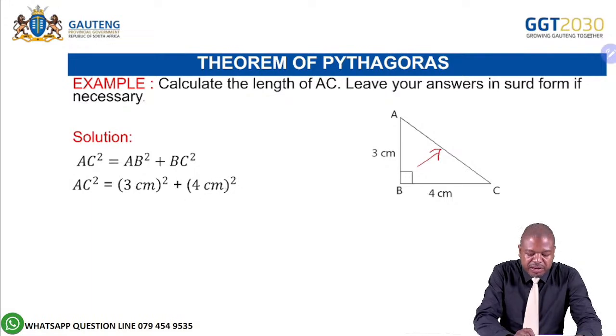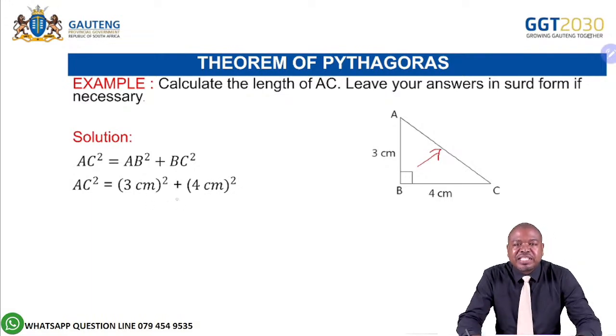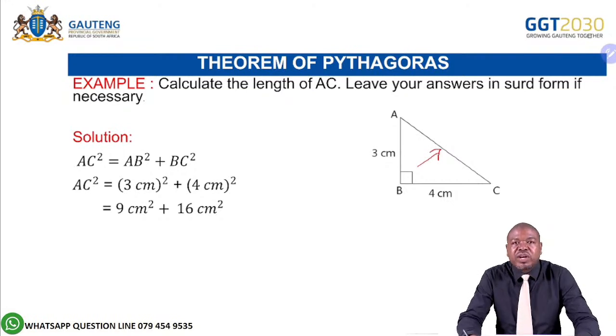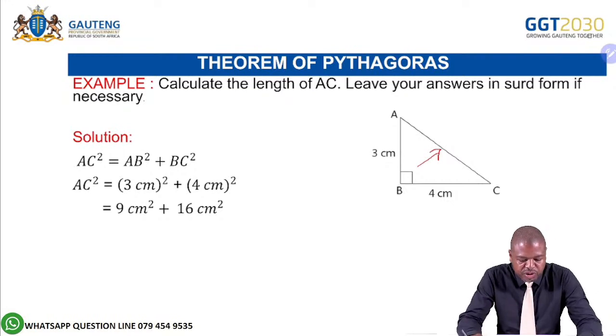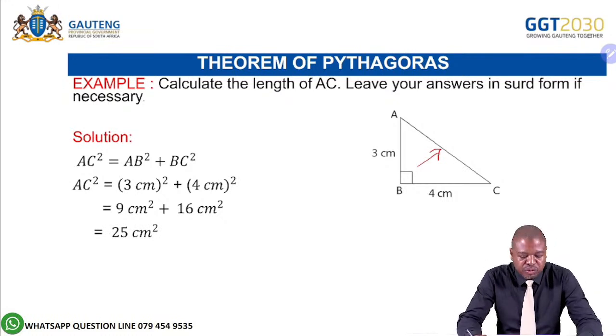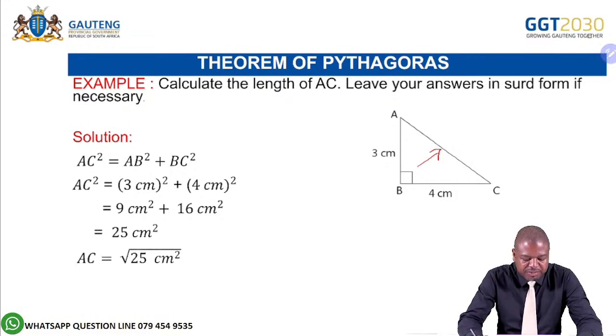Remember, if you're squaring, you're also going to square the units, right? If you square the units, you're going to get AC squared is equal to 9 centimeters squared plus 16 centimeters squared. If we add that, we are going to get 25 centimeters squared. And for us to find the length of AC, we need to find the square root of 25 centimeters squared.